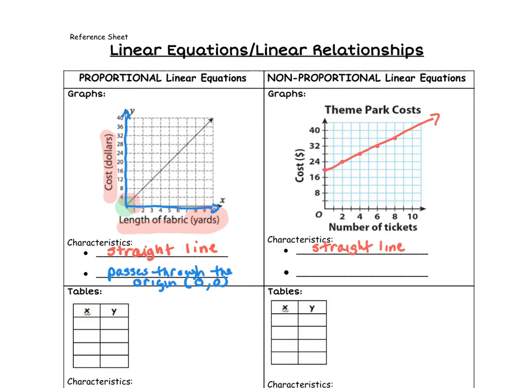This particular situation is talking about the number of tickets for the x-axis, and the cost for the y-axis. So as we look at this, we see straight lines in both of them, but what makes this non-proportional is it does not pass through the origin. So we want to write that down. This does not pass through the origin.